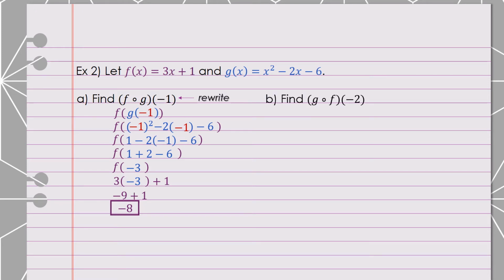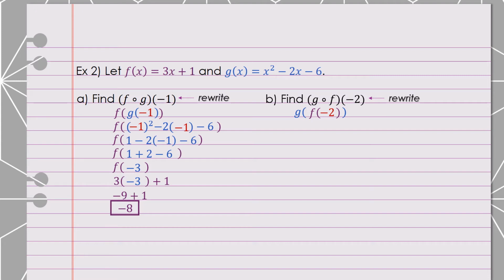For part B, it says find g composed of f of negative 2. Again, anytime you see the composition or that circle, you do need to take the time to rewrite it. The first function we see from left to right is the g function. Next we see the f function, and then we see the value of negative 2.